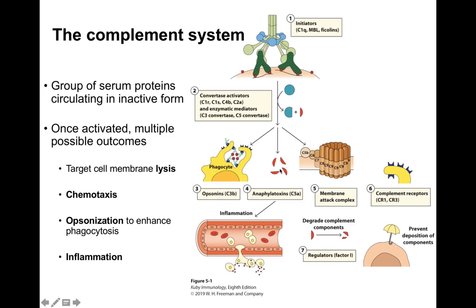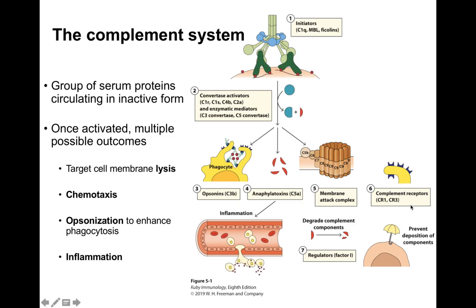They can act as anaphylatoxins, which cause inflammation and can promote the chemotaxis of other cells to the area. Complement proteins can bind to the bacterial cell membrane and poke a hole in it, making a membrane attack complex, causing lysis of that cell.